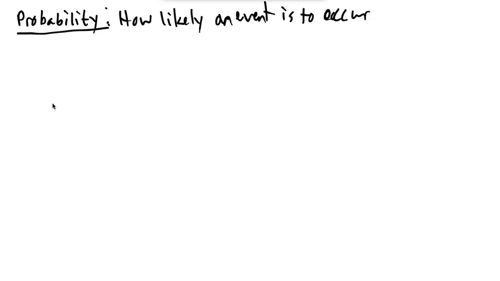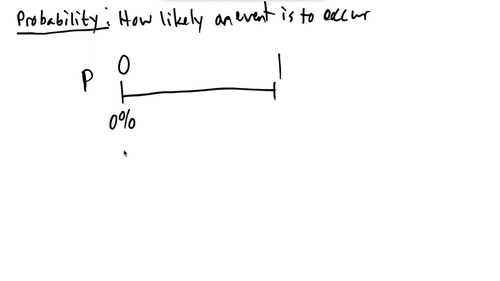We measure probability on a scale from 0 to 1. And we think of probability as either a decimal or a percent. So 0, if we made that into a percent, would be 0%. What's a 0%? Well, it means that it's not going to happen. There's a 0% chance this is going to happen.